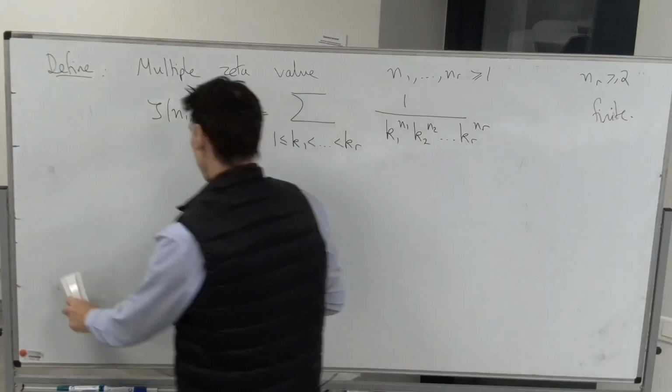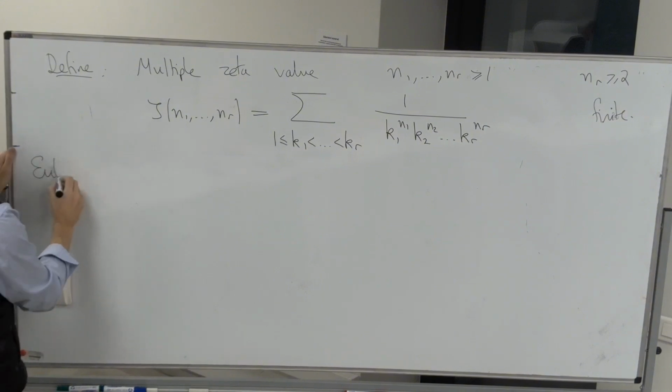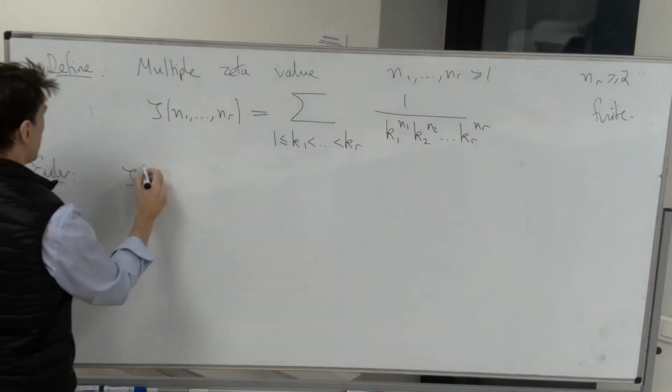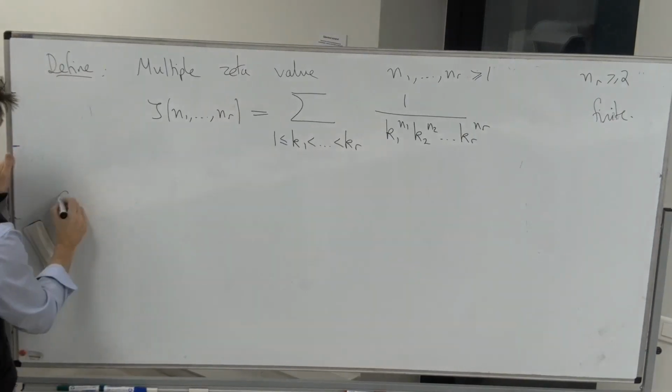So these were really introduced by Euler, certainly in the case r is 2, and his identity is the following.